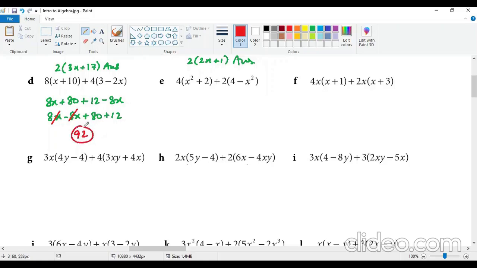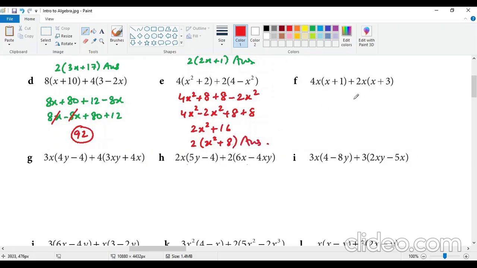This gives us 4x square plus 8 plus 8 minus 2x square, and 4x square minus 2x square plus 8 and plus 8 gives us 2x square plus 16, and 2 is common in both of them, so x square plus 8 is going to be a final answer.